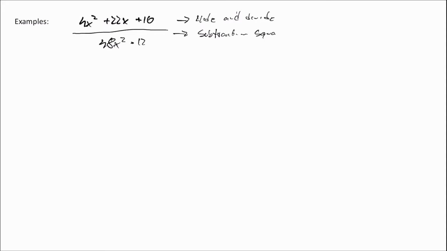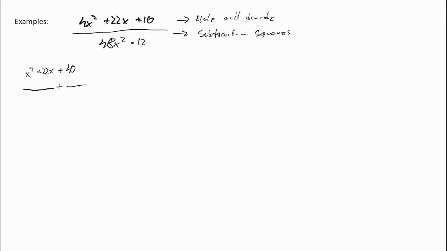Okay, so for my slide and divide, 4 times 10 will get me 40, which will get me x squared plus 22x plus 40. Remember, this is not exact math. This is just a method.